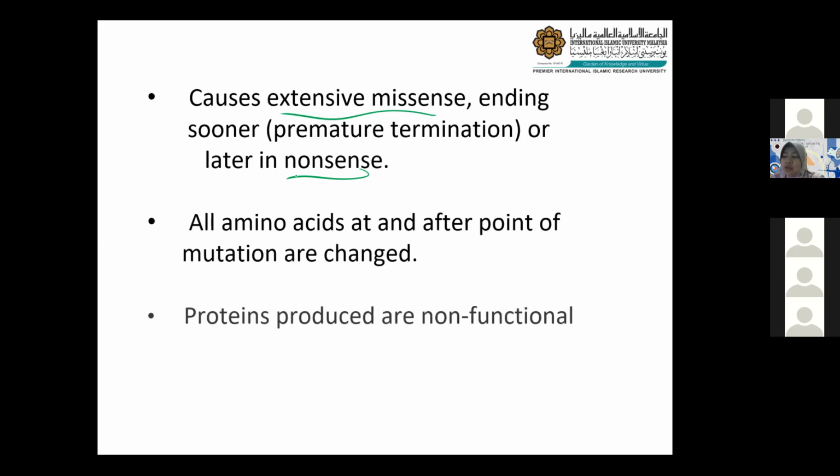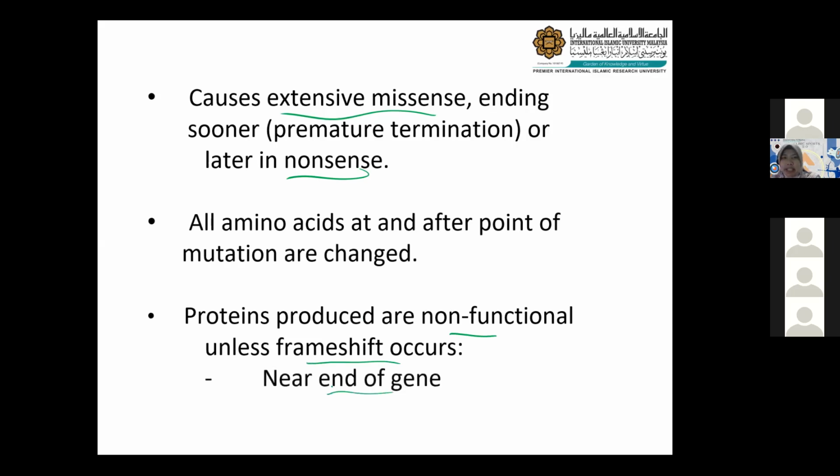So the protein produced will be non-functional unless the frame shift occurs near the end of the gene or the frame shift occurs in multiples of 3. We are going to see each example. What does that mean? If the insertion happens in 3, meaning 3 nucleotides enter at once, it will not have as big an effect. It will change only one codon, right?